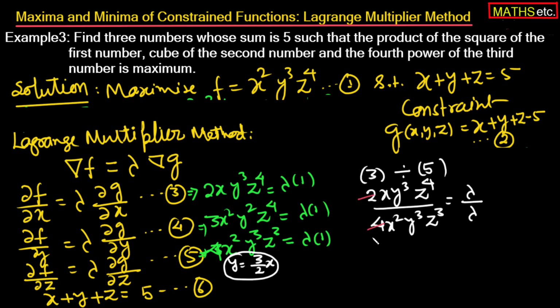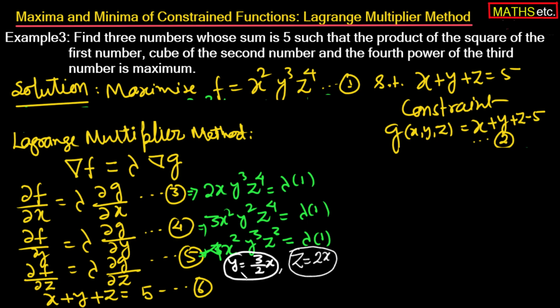Again, 2 times 2 is 4, and x cancels out one of the powers of x, y cube and y cube are cancelled out, and z cube cancels out 3 powers of z raised to power 4. Lambda and lambda cancel out. So after this simplification, in the numerator we are left with z only. So we have z over 2x is equal to 1, and simplifying it for z we get z is equal to 2x.